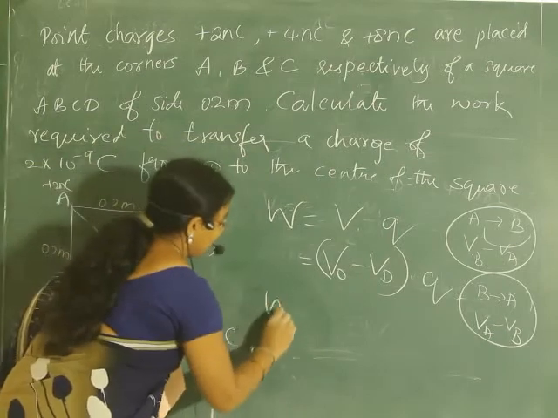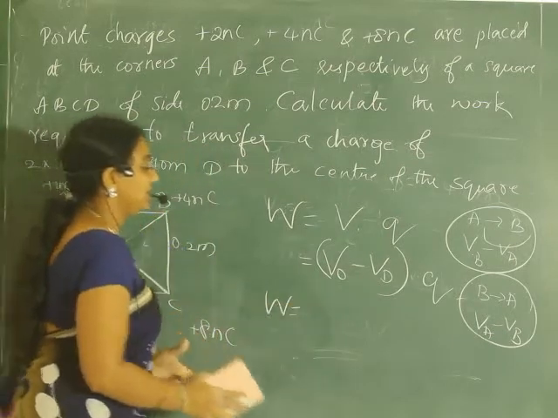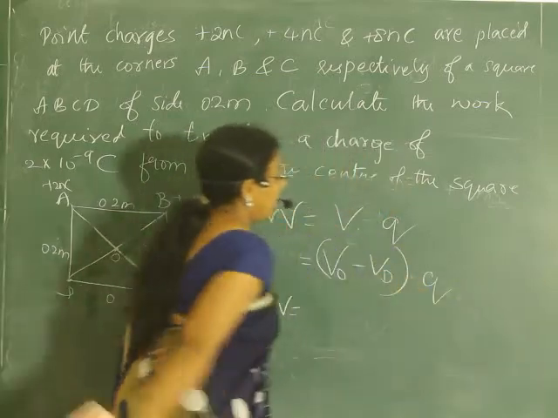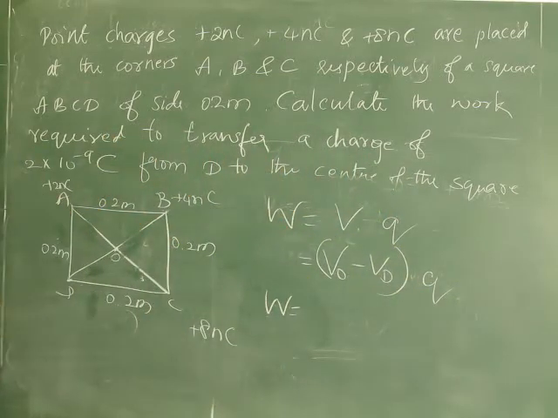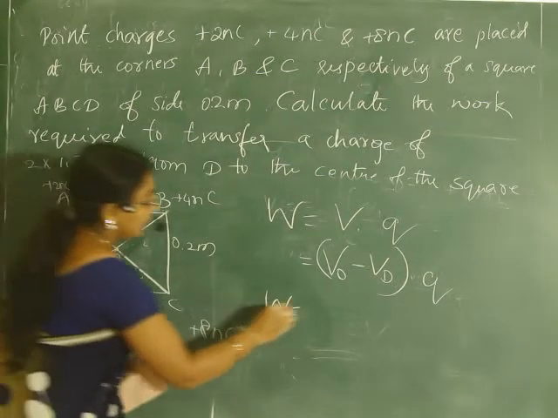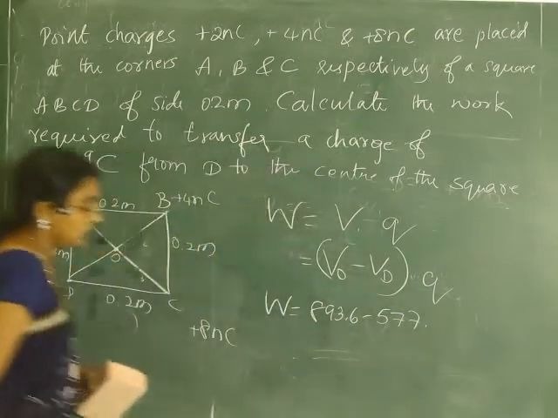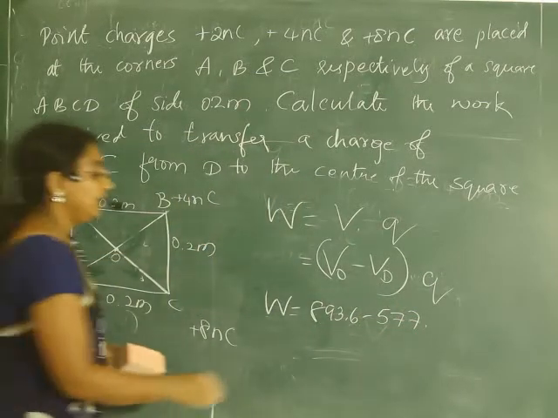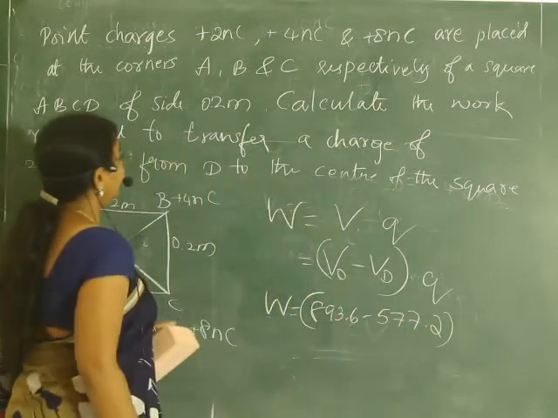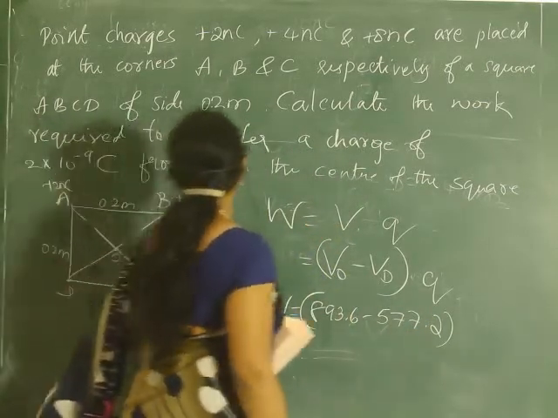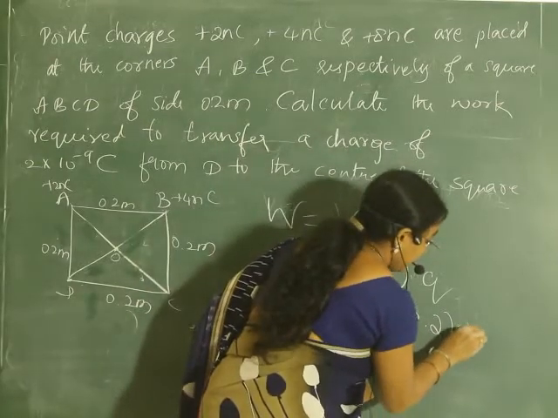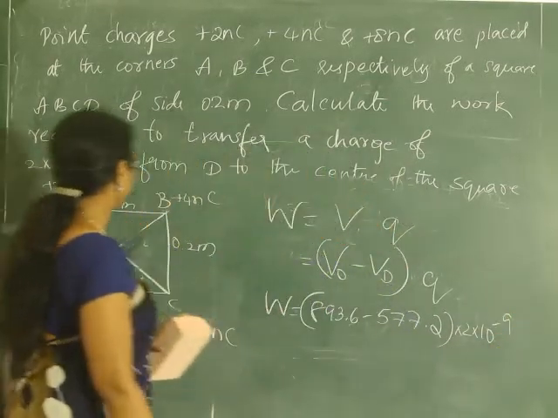Okay, W is equal to, what are the values of potential we got? One is 893.6, another one is 577.2. 893.6 minus 577.2 into Q. What is the value of Q? 2 into 10 to the power minus 9, because they have given you the value of charge.